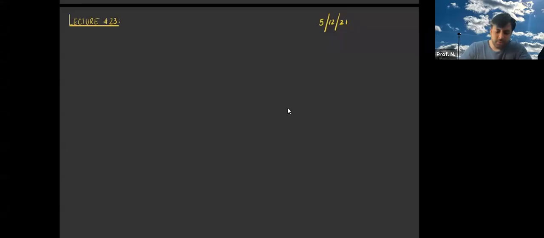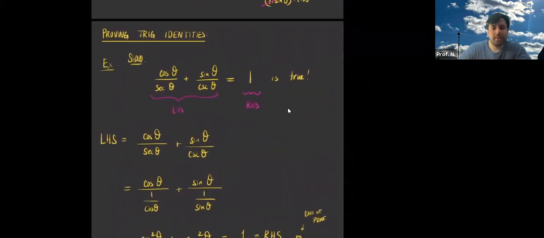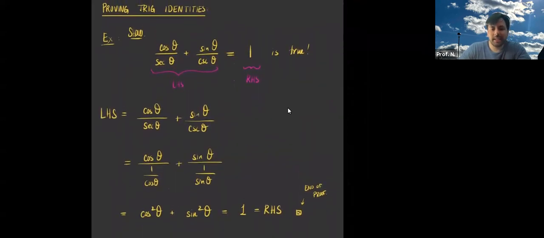All right. So last time we started entering into this new realm of proving trig identities. This is more, like I said, an algebraic endeavor. Up until this point, you've been looking at triangles a lot, curves of graphs, of trigonometric graphs and whatnot.